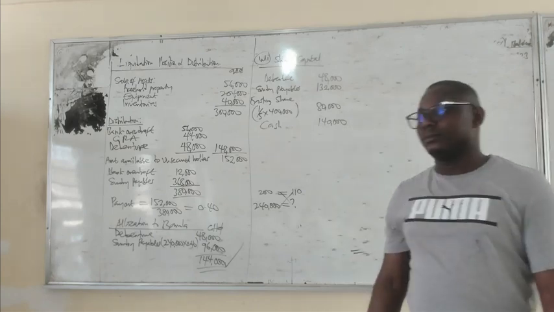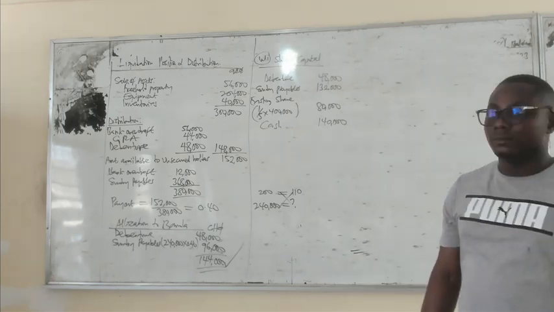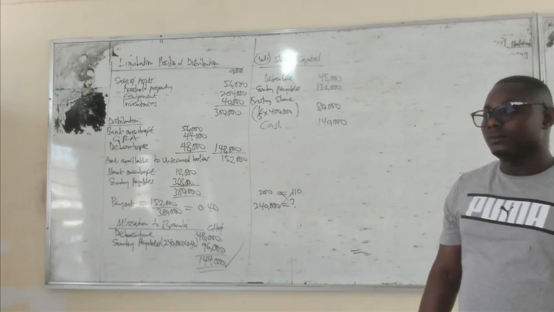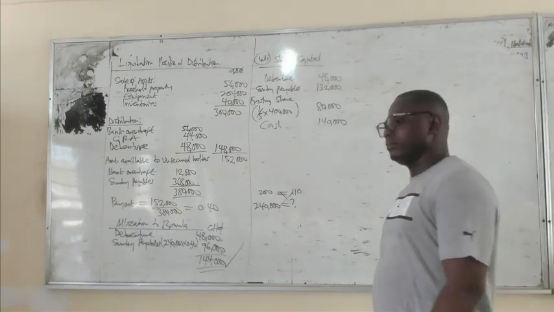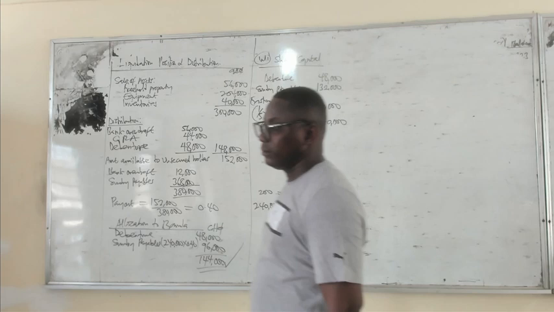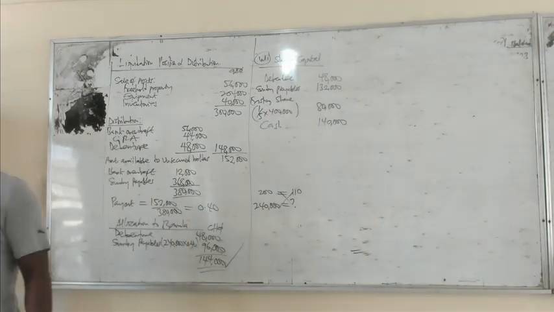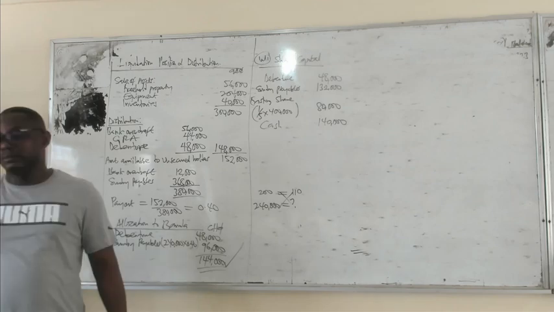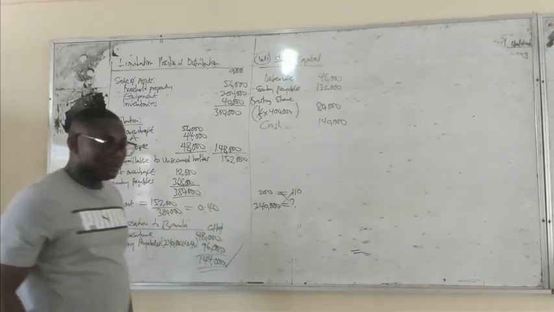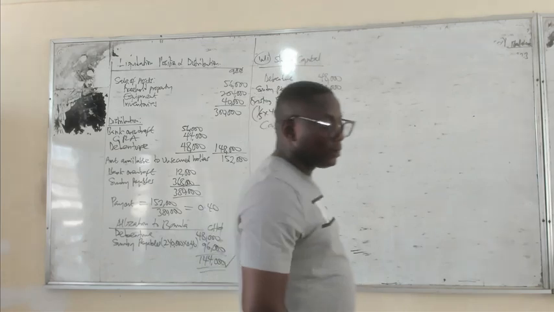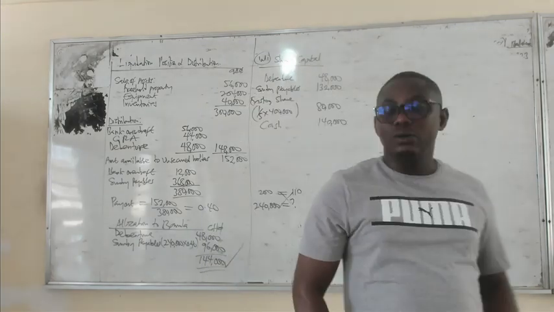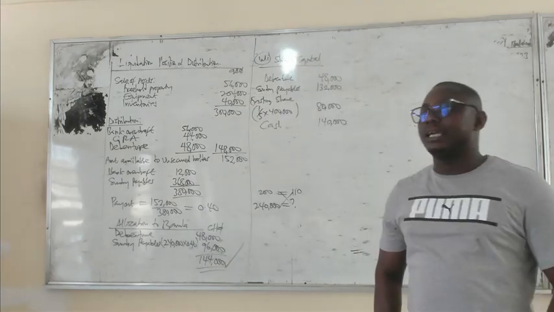In order to improve the liquidity position of the reconstructed entity, it has been estimated by the management of Banda Limited that after reconstruction, Mahadi Limited will earn regular net profit of 54,000 per annum. Okay, so they will earn regular net profit of 54,000 per annum.